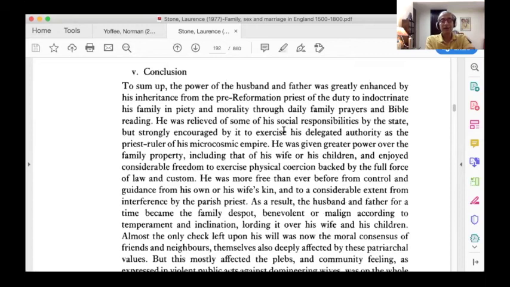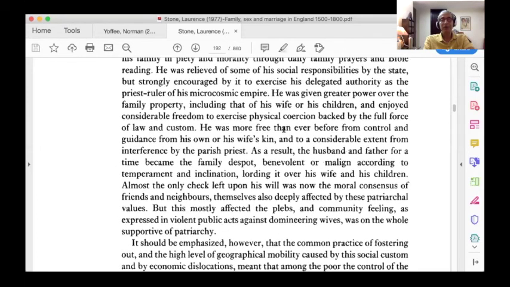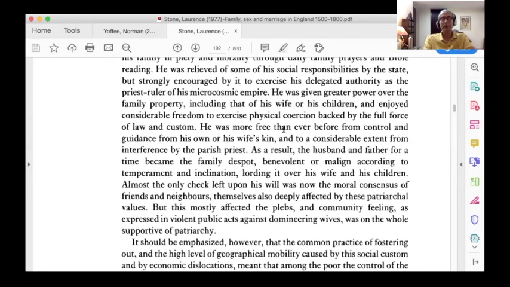He was relieved of some of his social responsibilities by the state, but strongly encouraged by it to exercise his delegated authority as the priest ruler of his microcosmic empire. He was given greater power over family property, including that of his wife or his children, and enjoyed considerable freedom to exercise physical coercion backed by the full force of law and custom.